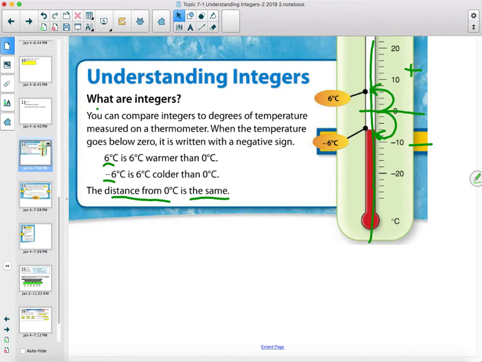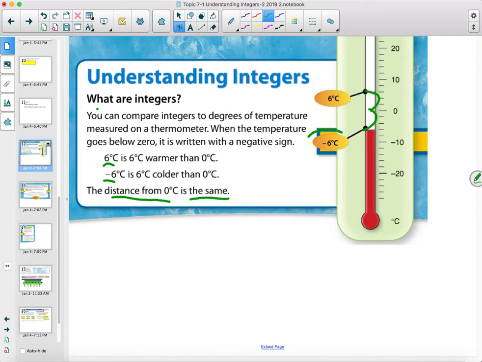So you have a positive 6, the distance from 0 is 6 units. You have a negative 6, the distance from 0 is 6 units. This just happens to be a negative, and this just happens to be a positive. This distance represents absolute value. Whether it's in the positive or the negative, that distance is considered a positive, and it is considered an absolute value.